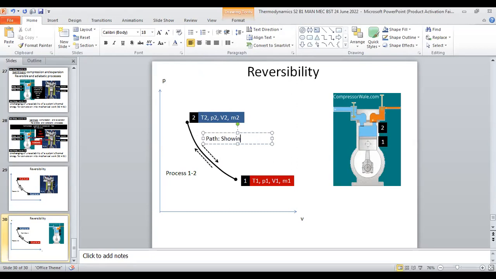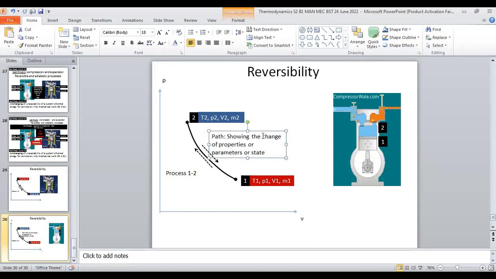Showing the change of properties or parameters of state, we call it state.